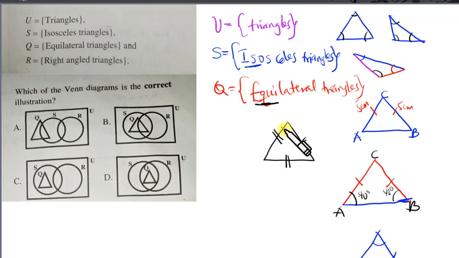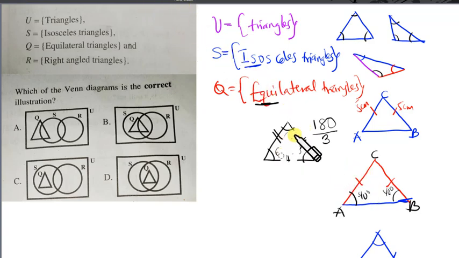So if we are talking about an equilateral triangle that has got all 3 sides equal and all 3 angles equal, then it means that each of the interior angles is 60 degrees, because the sum of the interior angles of a triangle is 180. If the triangle has got 3 sides, we divide by 3, then we get each of the interior angles of a triangle. All right. So there is an example of an equilateral triangle. So that is the set Q.